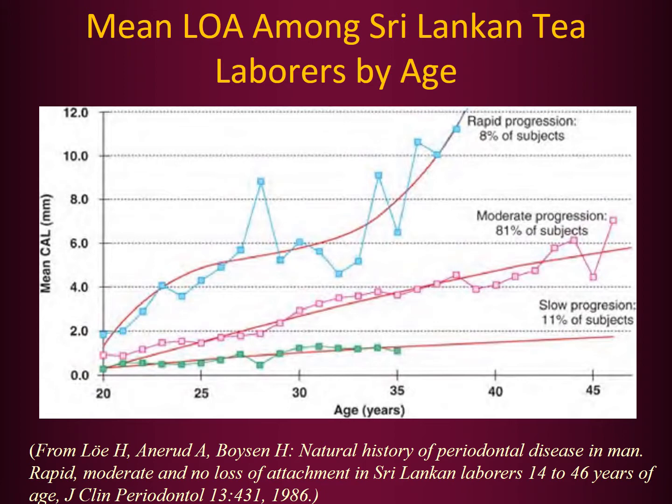There was a group that were called the slow progression group, and that was about 11% of the population. There was a moderate progression group, which represented most of the individuals, or 81%. And then there was a rapid progression group, which represented about 8% of the population. You can see by the slide that there is a very distinct difference in the pattern of loss.